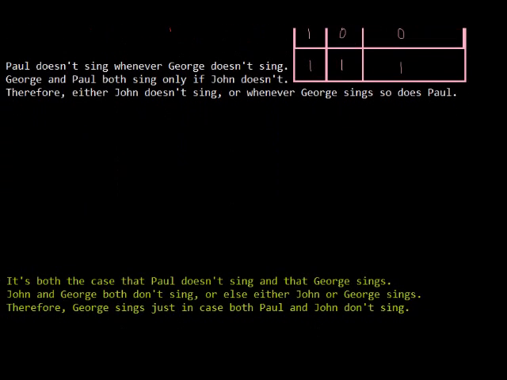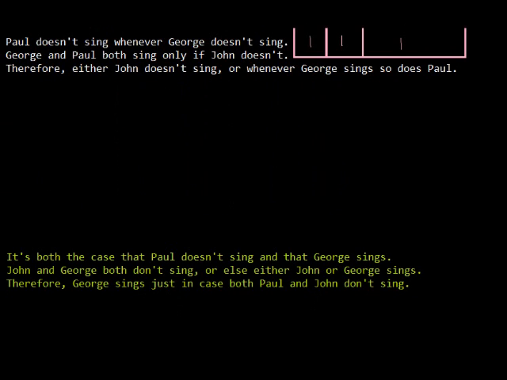So the next one is we can tackle it as a translation problem without any use of truth tables. So let's just give all these atoms their own letters, and we'll always use the positive version of the proposition.